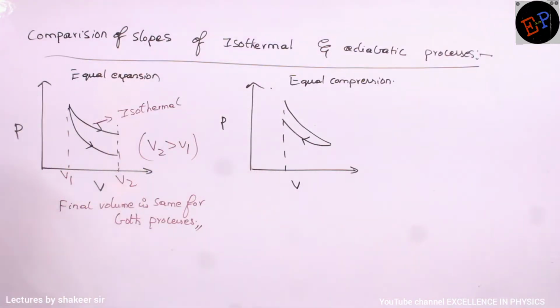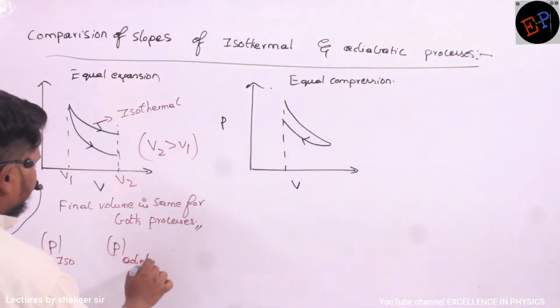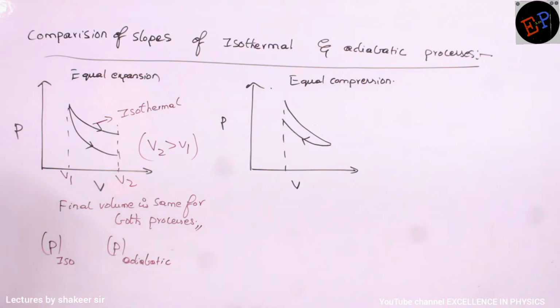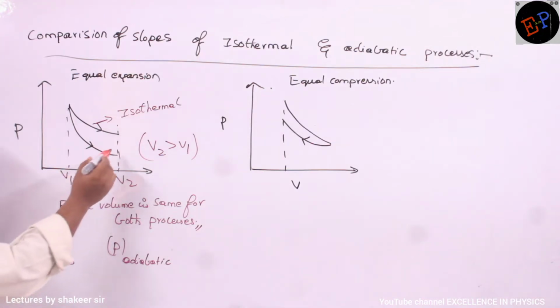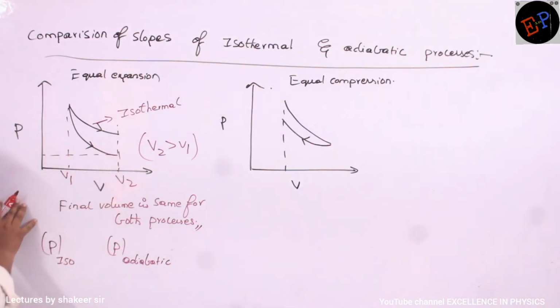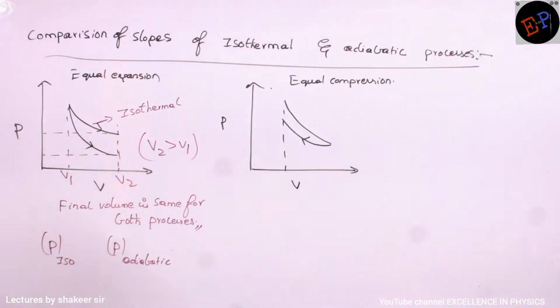Now can you say pressures? How can you compare pressures? Pressure of isothermal, pressure of adiabatic. Now can you say which one is greater here? Is the pressure of the isothermal process greater or the pressure of the adiabatic process? Finally, compare the pressures. This is the pressure of the adiabatic process. This is the pressure of the isothermal process.